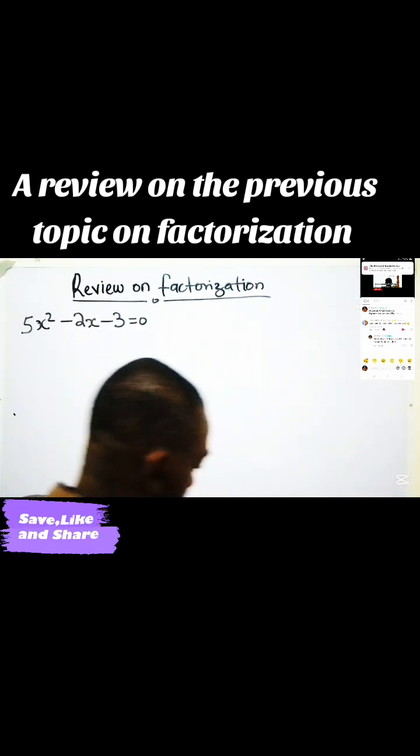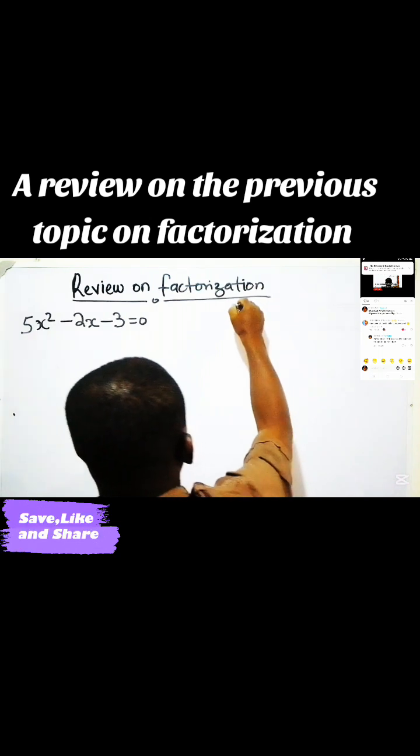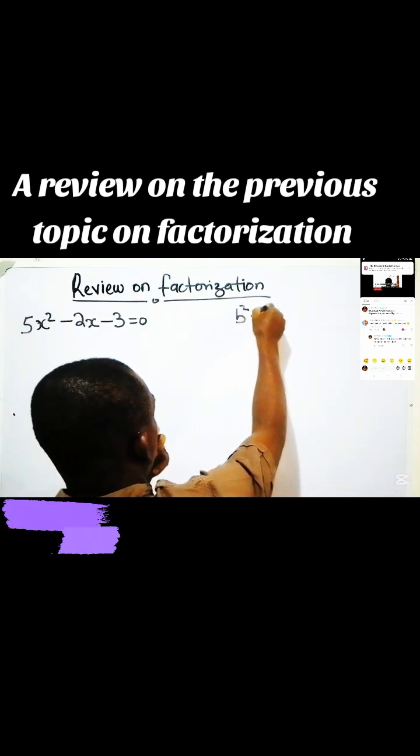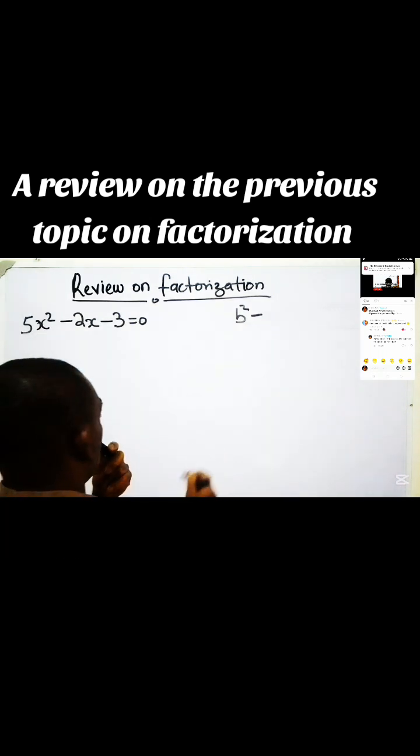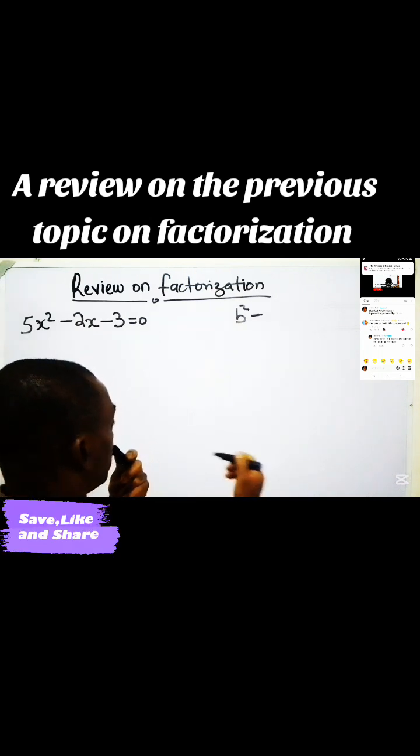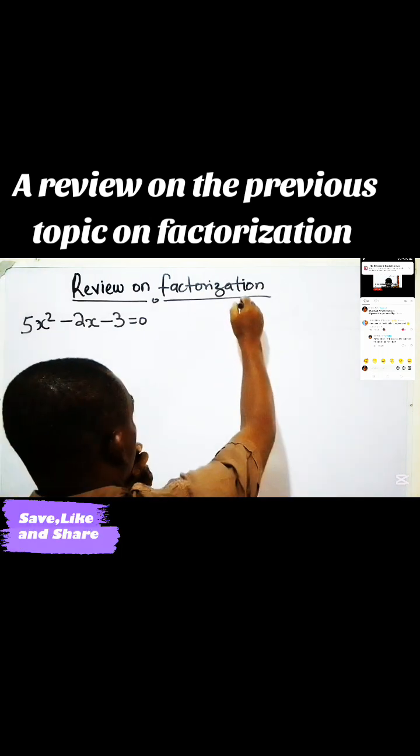So when you want to use the discriminant, we are going to use it to test whether this equation is a perfect square, so that we know whether it can be factorized, or whether you can use the almighty formula or the completing the square method to solve it.